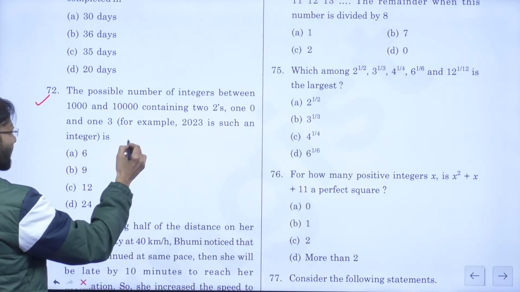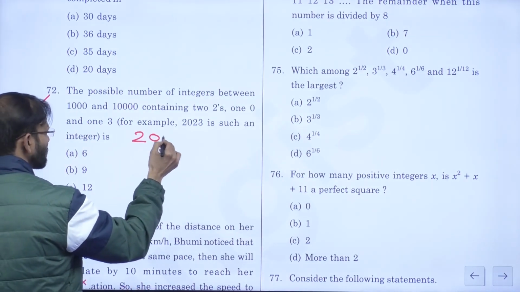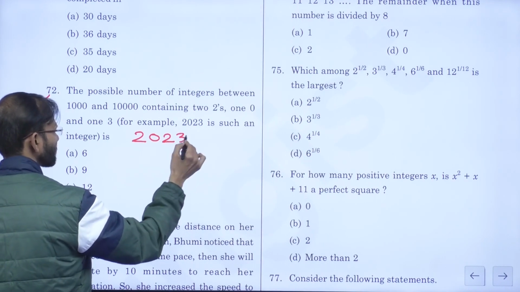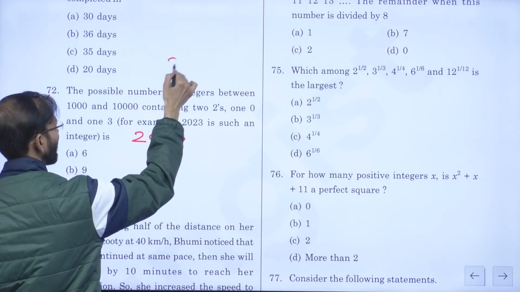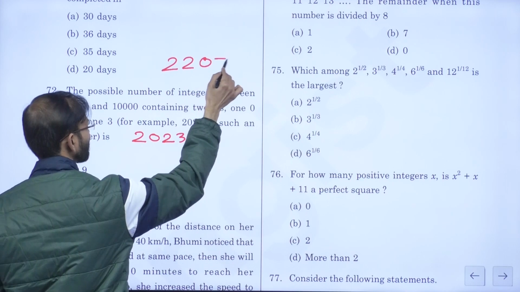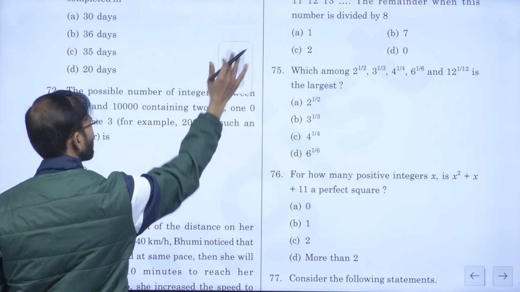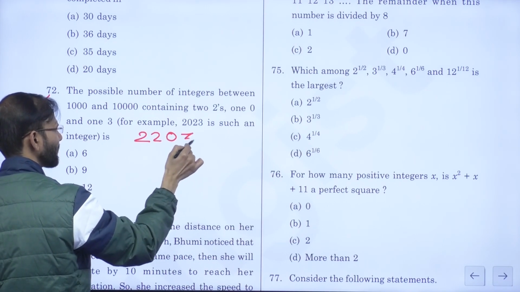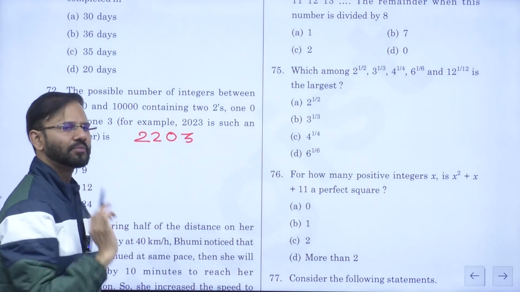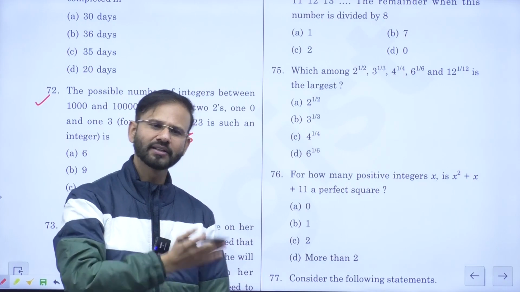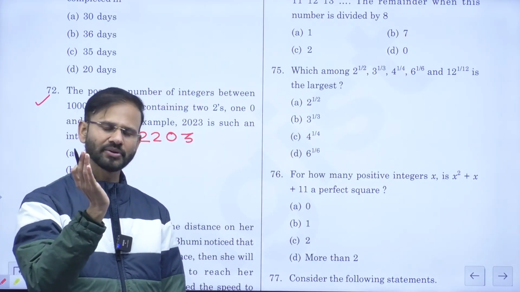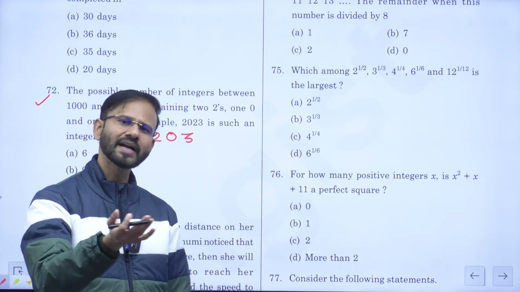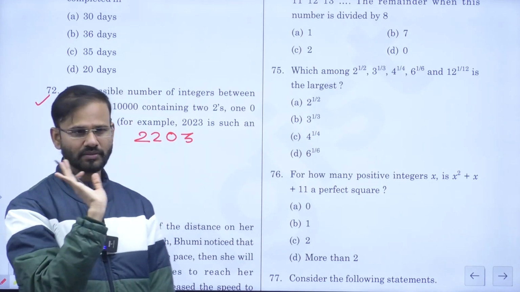Look, all of you have to use two 2's, 1 0 and 1 3. The question is saying you have to use two 2's, a 0 and a 3, and you need to form a 4-digit number. That number has to be greater than 1000 and less than 10,000, right?